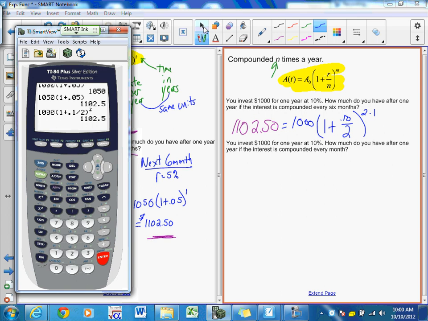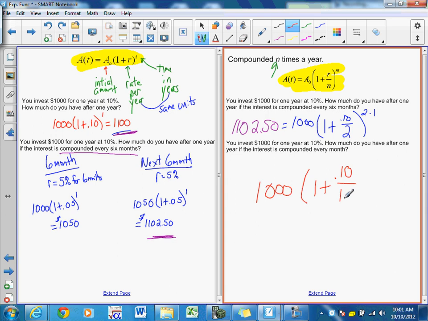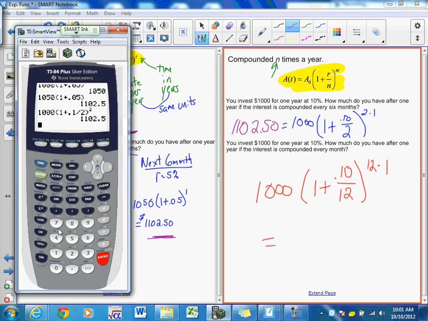Now what happens if we don't do it every 6 months? Let's do it every month. So if I got more money after 6 months, shouldn't I get more money every month? Every month would be 12. Let's see what we get.